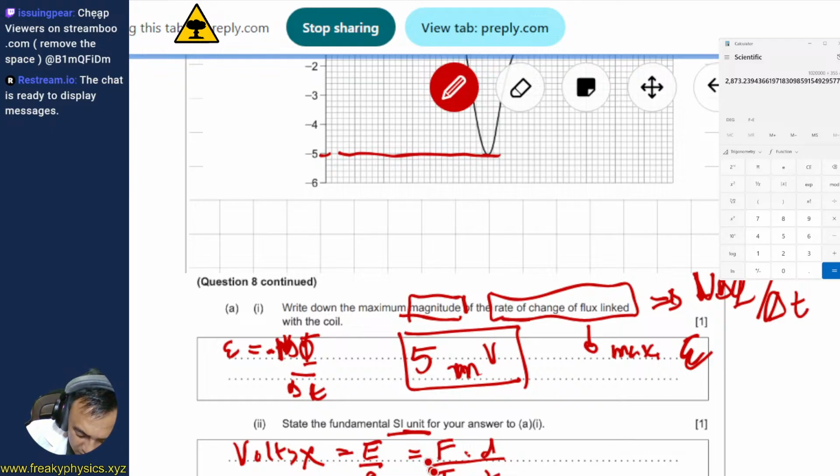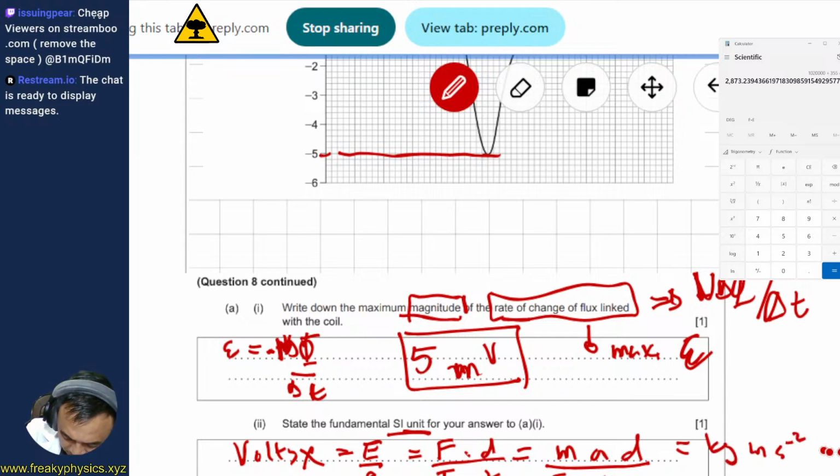The force can be expressed in mass, so mass times acceleration times distance over current times time. All of these are already fundamental because acceleration, even though it's not fundamental, the units are fundamental. So this is going to be kilogram meter per second squared, meter, per ampere seconds.